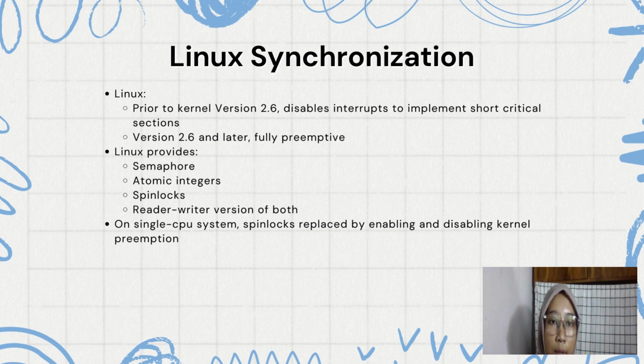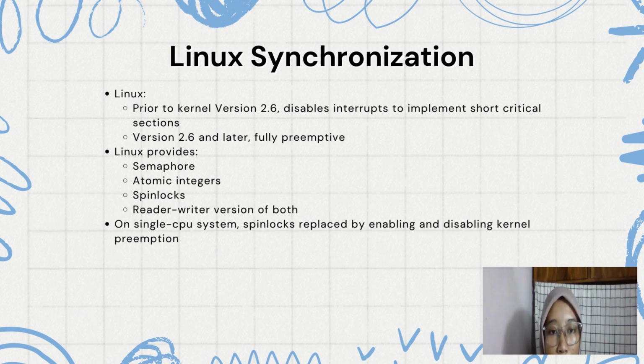In Linux synchronization, prior to kernel version 2.6, it disabled interrupts to implement short critical sections. Version 2.6 and later is fully preemptive. Linux provides semaphores, atomic integers, spin locks, and reader-writer versions of both.